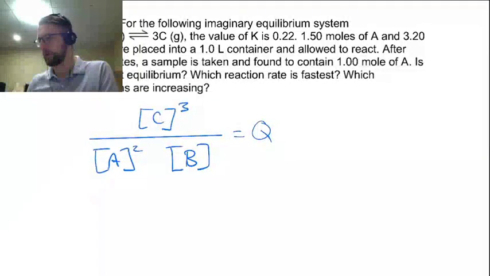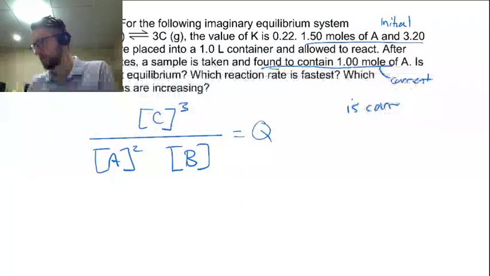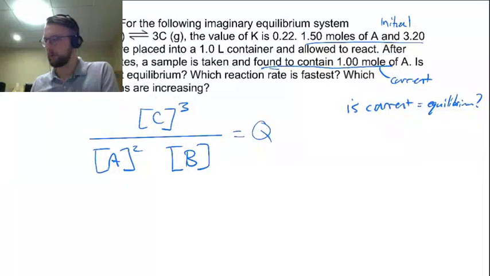They have said that we initially have these initial values, and then we found current conditions. But we don't know if current is equal to equilibrium? Don't know.